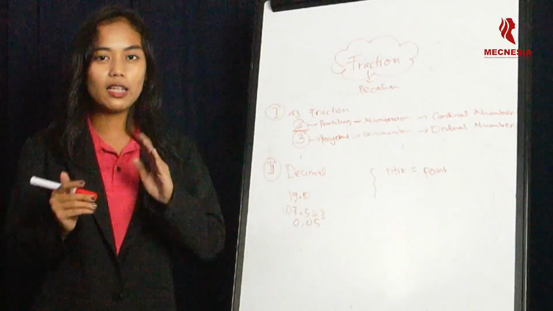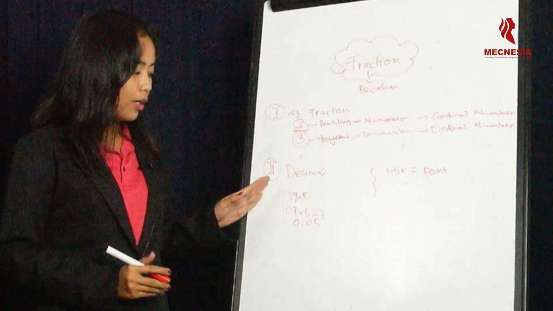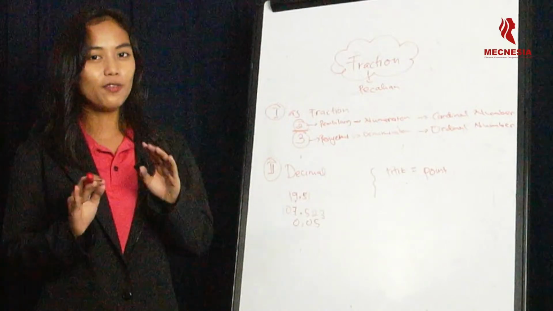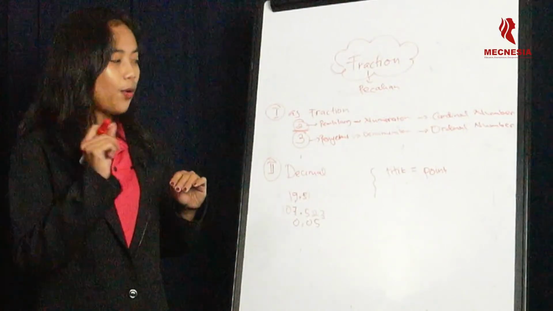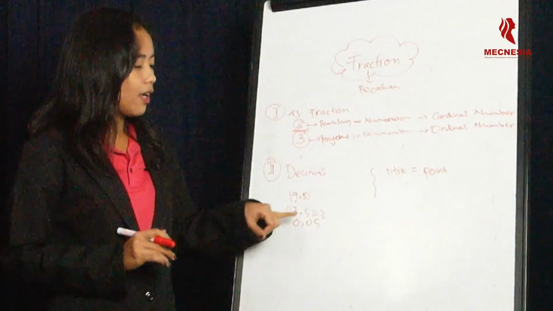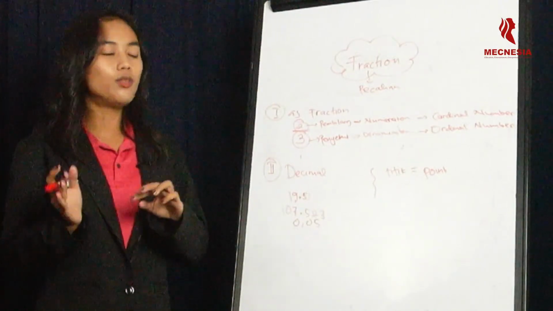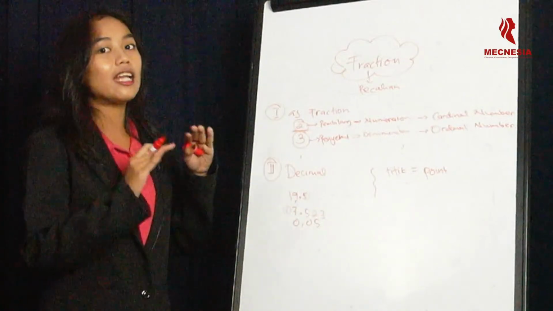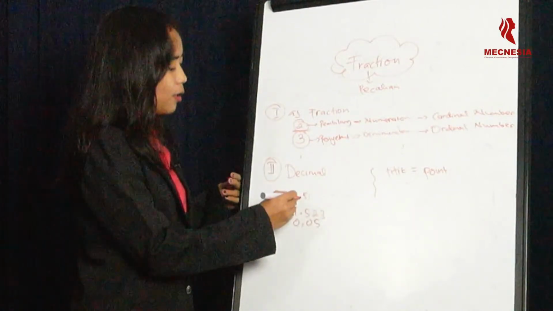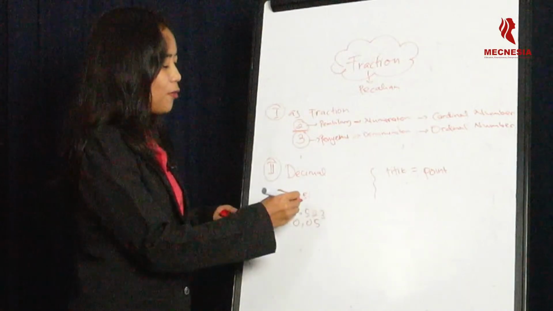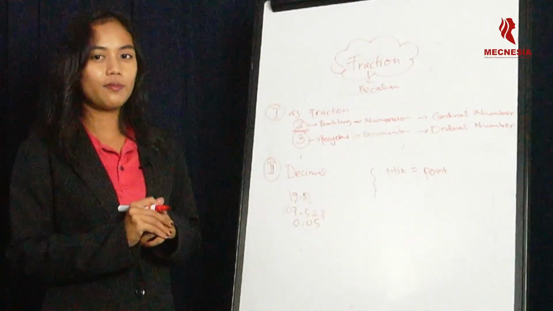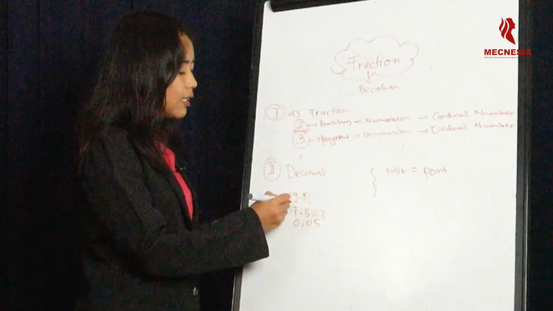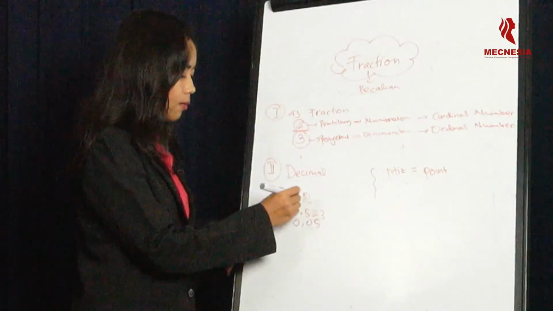Angka sebelum titik, kita bacanya sebagai cardinal number. But for the number after the point, setelah titik, kita bacanya one by one, satu demi satu. So, for example, 19 berarti nineteen point five one. Once again, nineteen point five one.